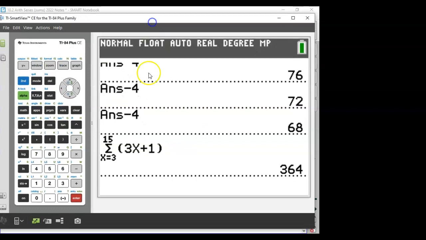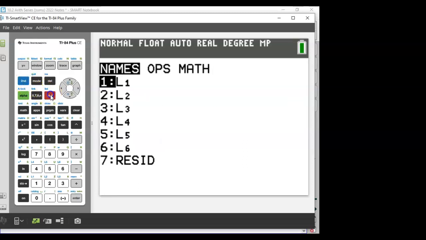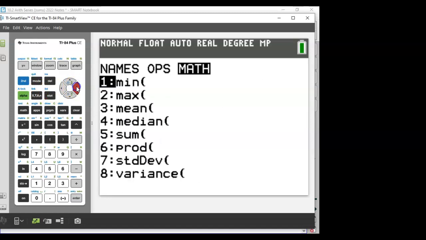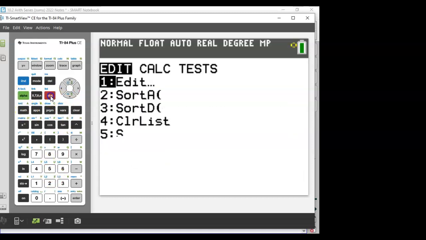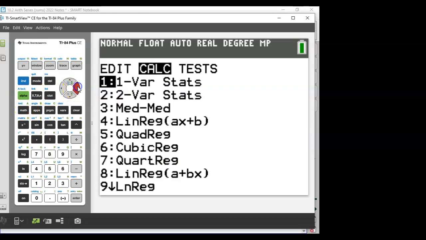Now, if you had an old calculator, it would be, let's see if I can remember this. I want to say second stat over to math, choice 5, and you would get sum, and then second stat over to calculate.